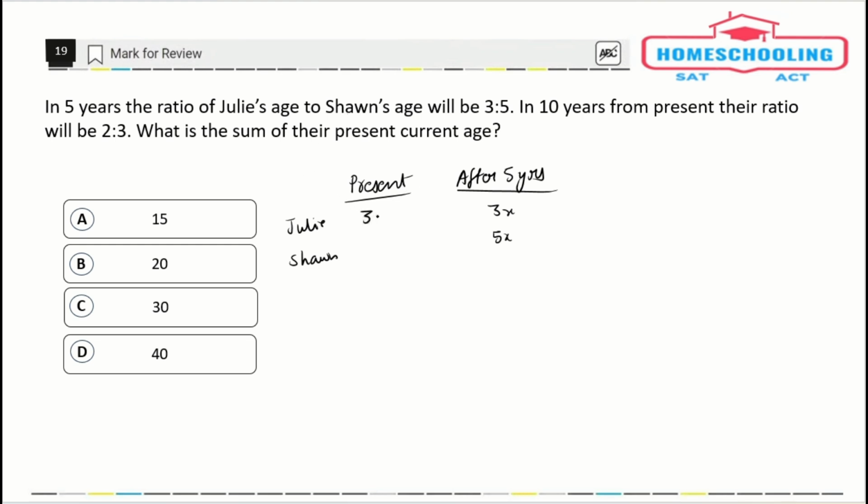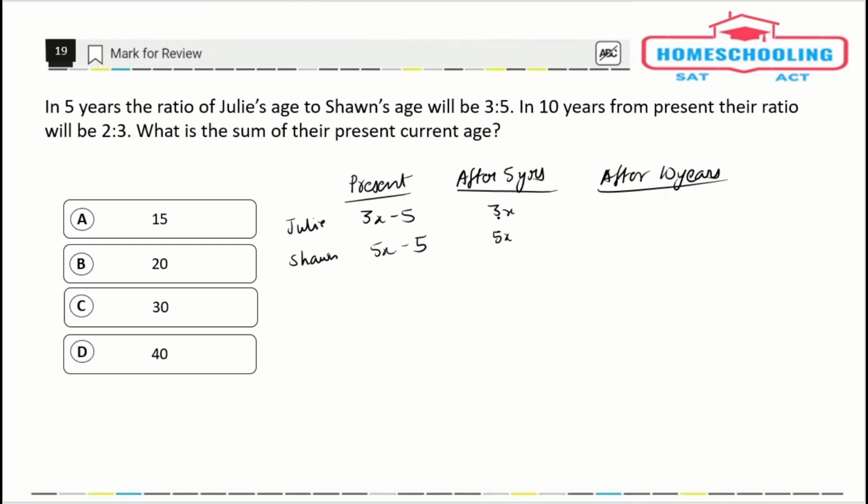So in the present, that is 5 years back, Julie's age would be 3x minus 5, and Sean's age would be 5x minus 5. And after 10 years from present, what is it going to be?